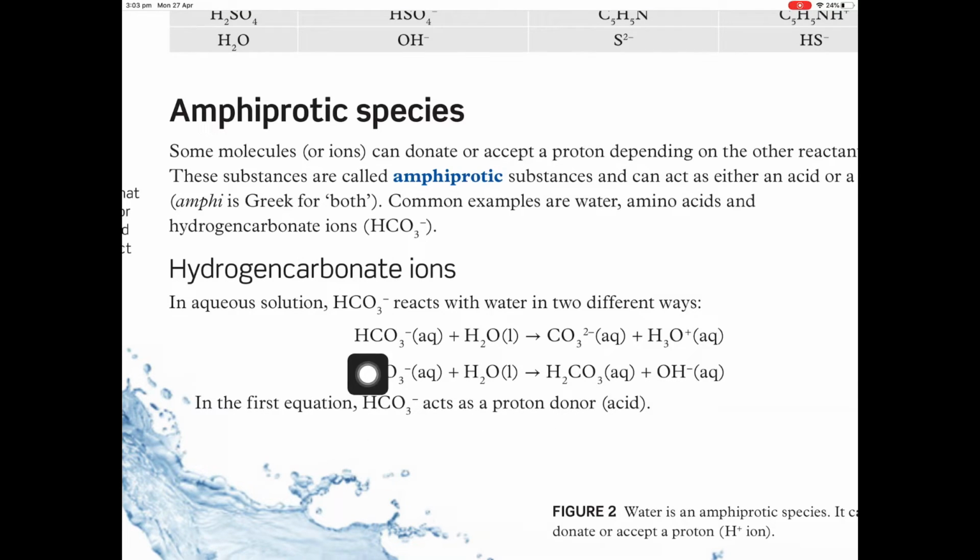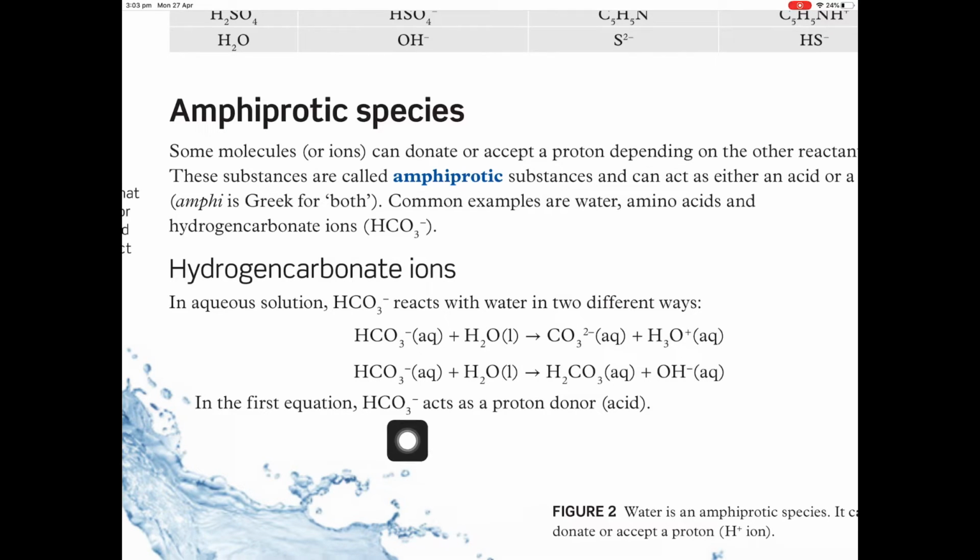Okay, so in the first reaction, by the way, I don't know if I mentioned this, commonly known as the bicarbonate ion, sodium bicarb in your kitchen cupboard is just made up of sodium bicarbonate. This is the bicarbonate ion.